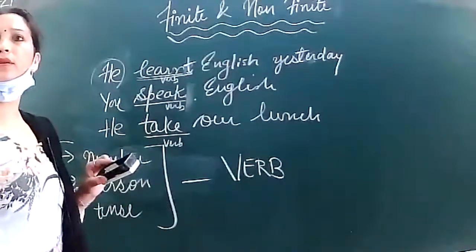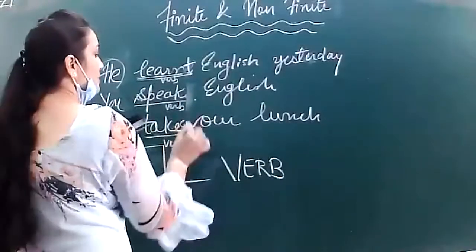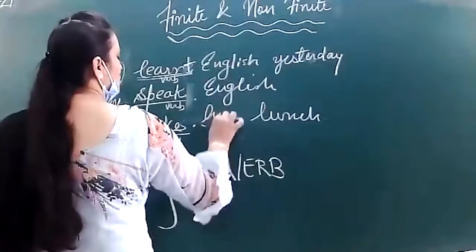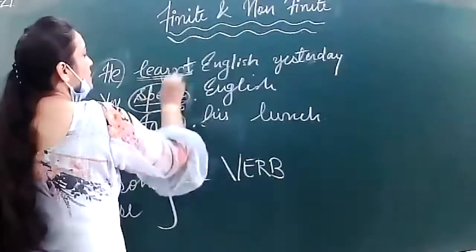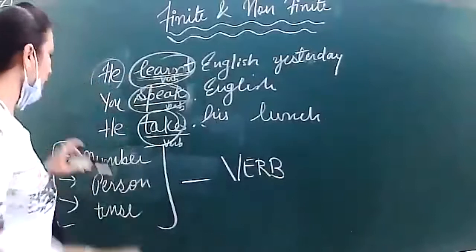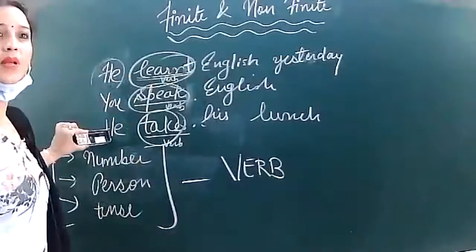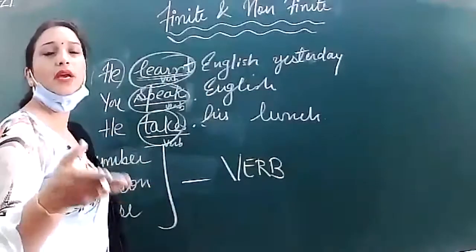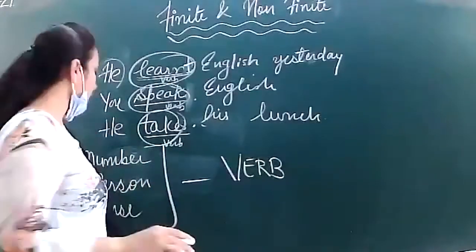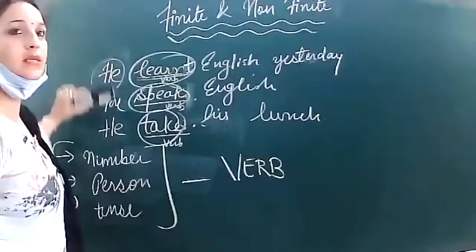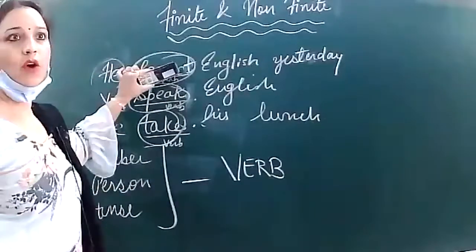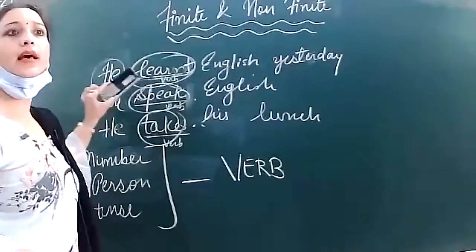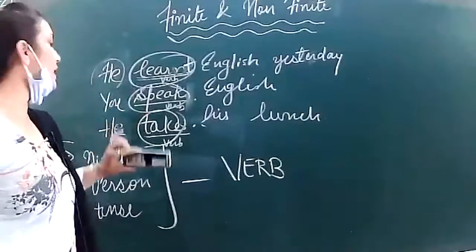That is right: he takes his lunch. It means these verbs keep on changing according to person. Now person can be I, you, we, they, he, she, it, singular, plural. Number: suppose plurals are there, verb first form. If singular, then s or es.